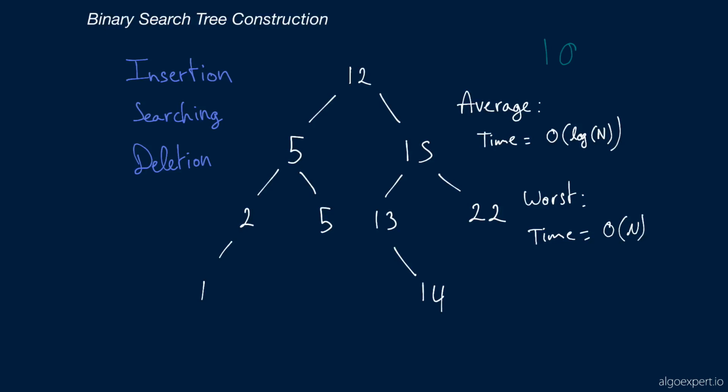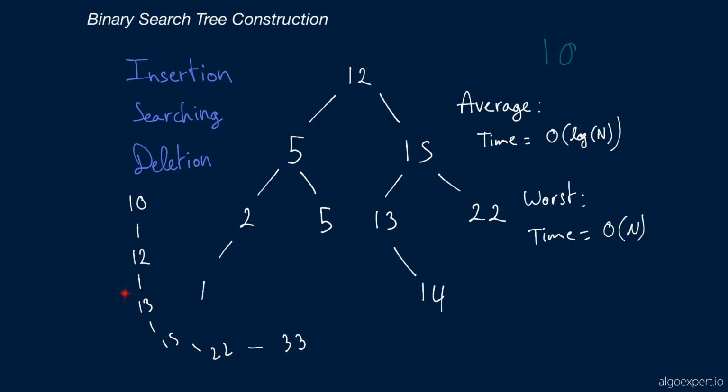Unfortunately, there are some cases where this advantage of being able to eliminate half of the BST isn't possible. What I mean by that is, imagine our tree had been this: 10, 12, 13, 15, 22, and then 33.